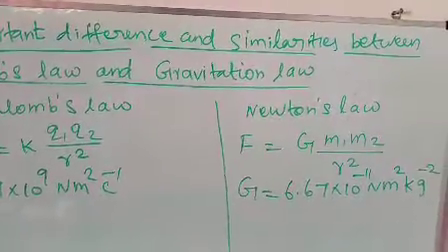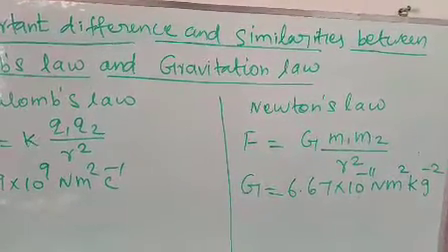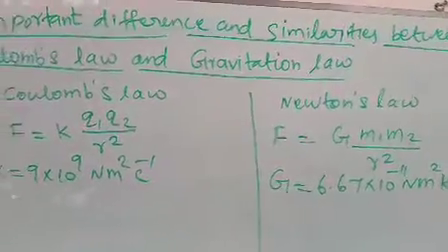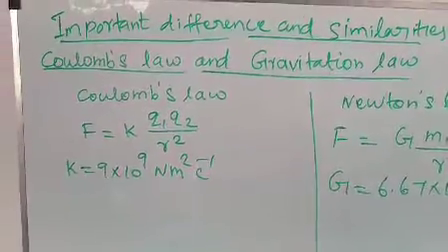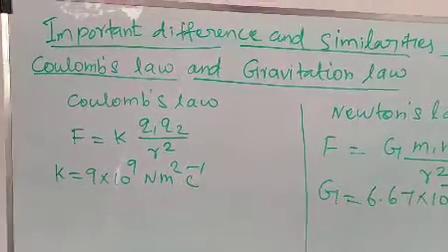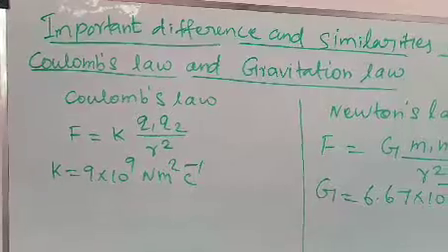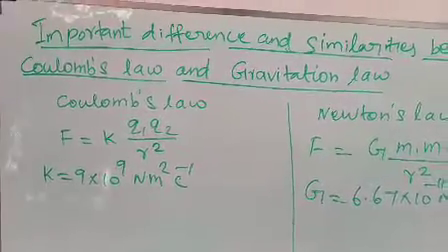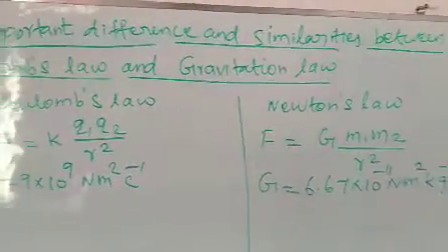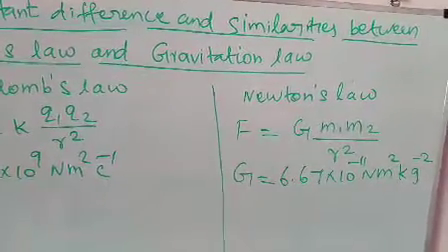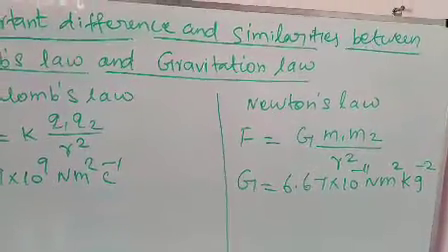In Newton's law, force is directly proportional to the product of the two masses. Here Coulomb force is either attractive force or repulsive force, but gravitational force is only attractive, not repulsive.